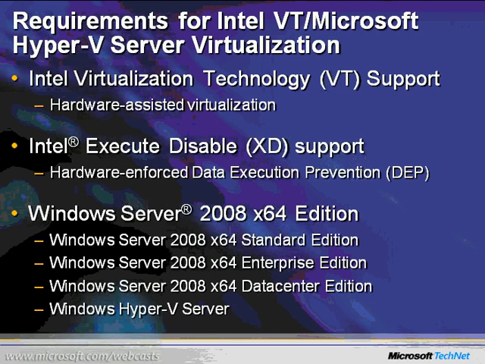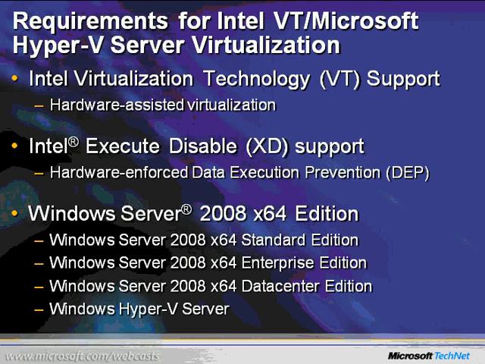So that gives us 4 common choices of operating system. We can install Windows Server 2008 x64 Standard Edition, Data Center Edition, Enterprise Edition, or a new choice called Windows Hyper-V Server. Windows Hyper-V Server is a scaled-down Windows Server product offering that's specific to supporting Hyper-V server virtualization, primarily intended for small data center environments or branch office environments.